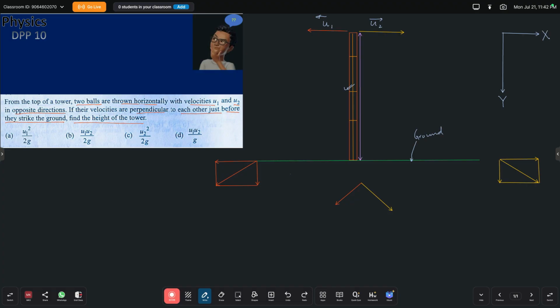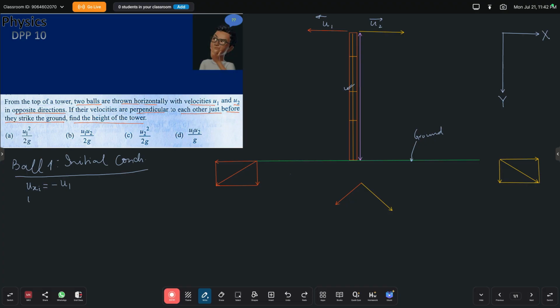So what is the initial condition? If you write for ball 1, initial condition, ux is minus u1, because it is given a projection velocity in the negative direction of the x-axis.